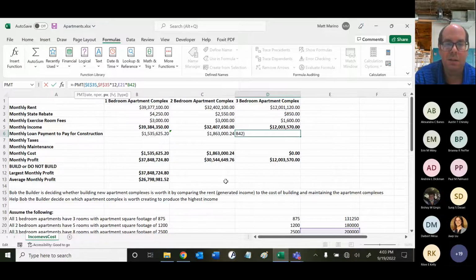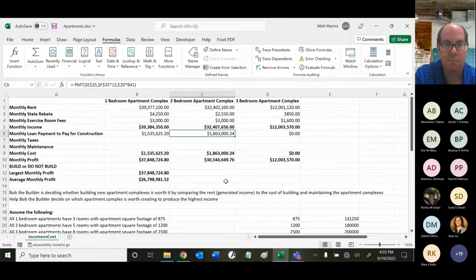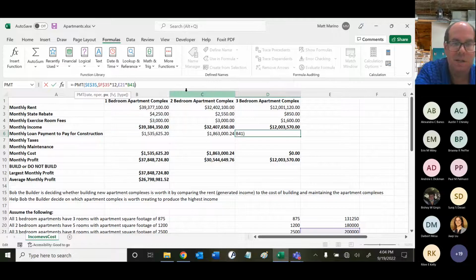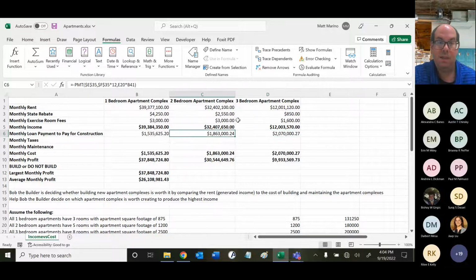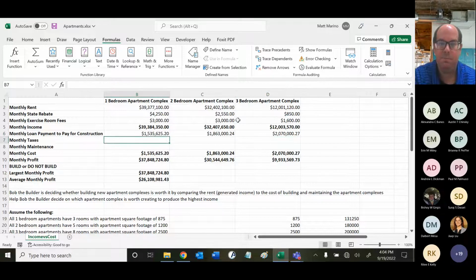Again, once you hit enter, you should have a positive number that is above zero. Actually, that's B41, not B42. That's why I still had zero. And there we go. Okay, so again, E20 for 2-bedroom times B41, and then E21 times B41 for the 3-bedroom.